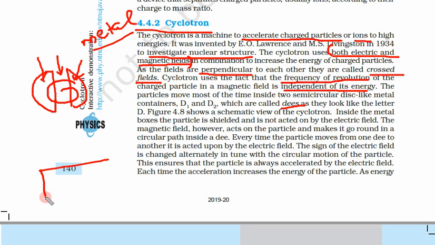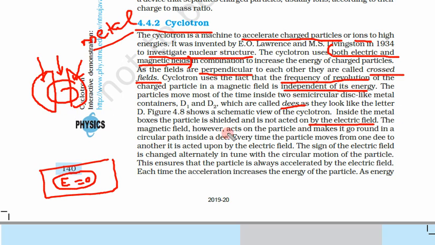If there is a metal box and inside the metal there is a cavity, the electric field is 0. So the electric field inside these metal Ds is 0, and the particle is shielded and not acted on by the electric field.